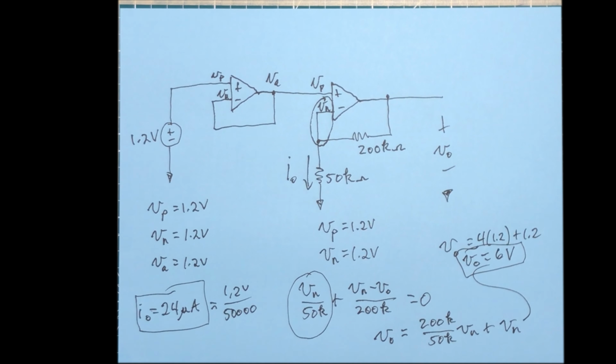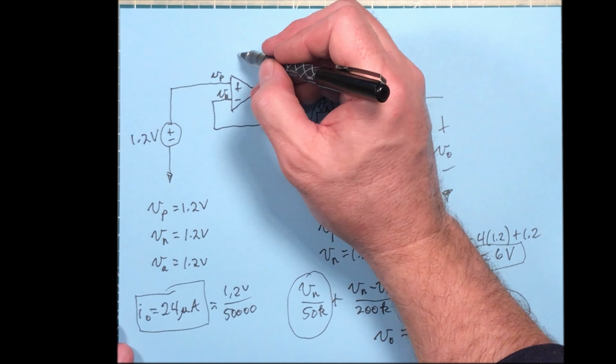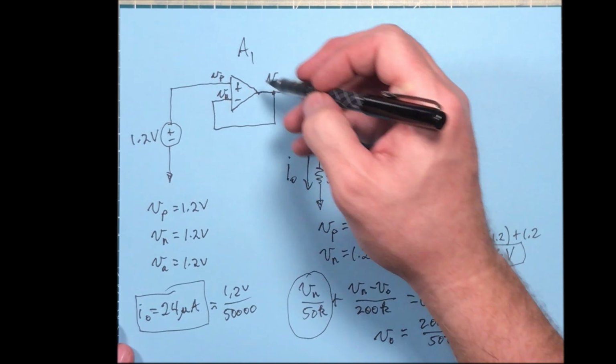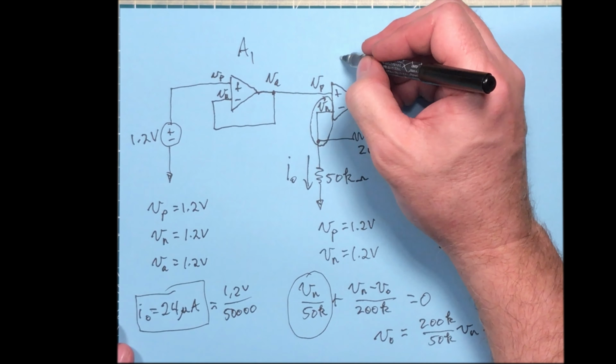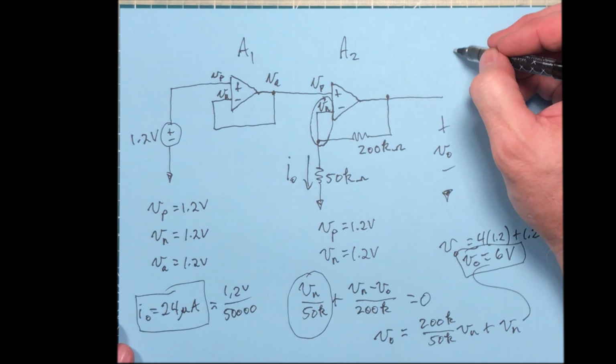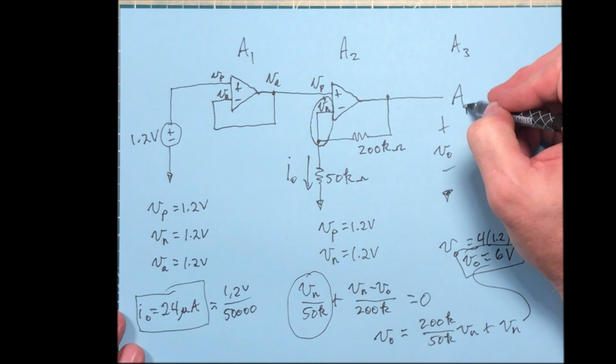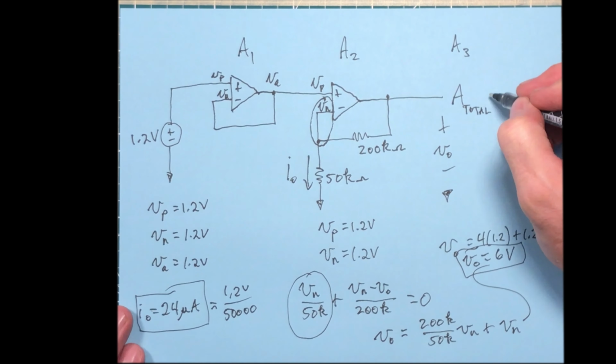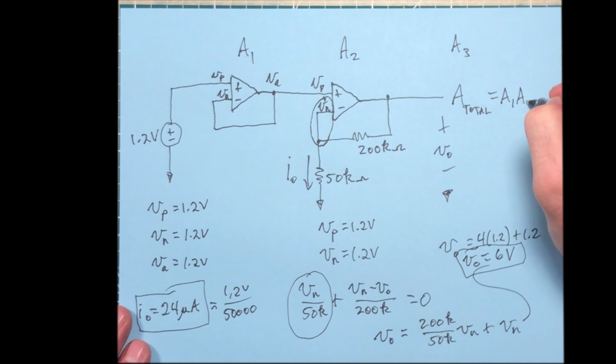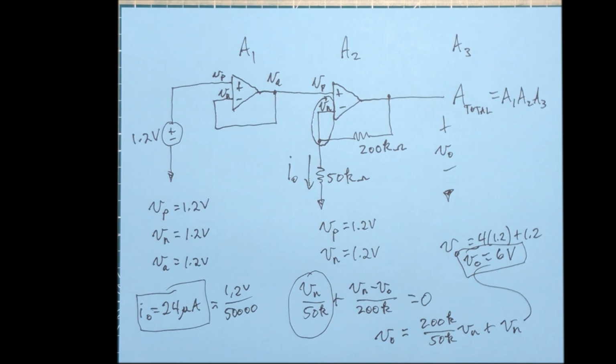And then if you want to figure out the total gain, let's say that's A1, that's the gain for this one. And this one is A2, and then you have another one that's A3, and you want to know the total gain. What's the total gain? Well, it's just A1 times A2 times A3. And that's the way you figure out the total gain for it all.